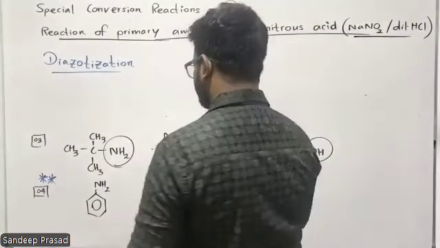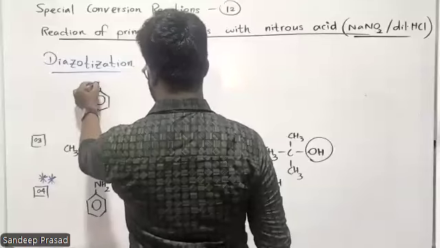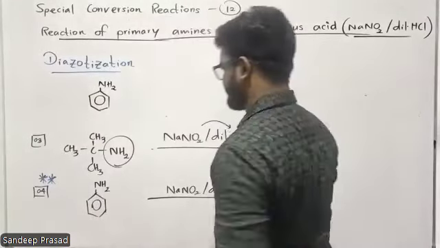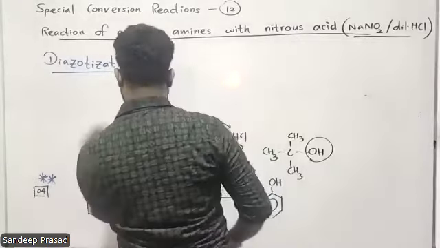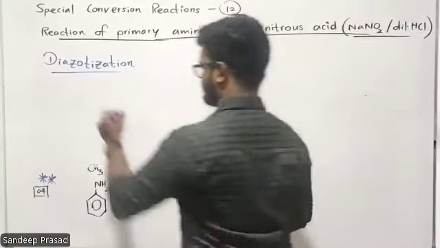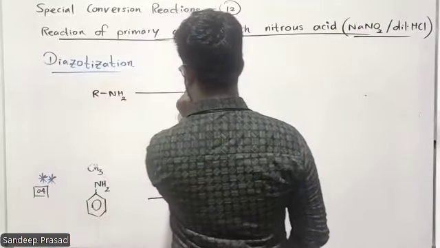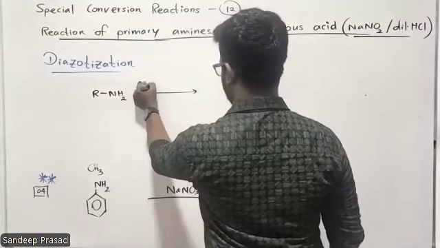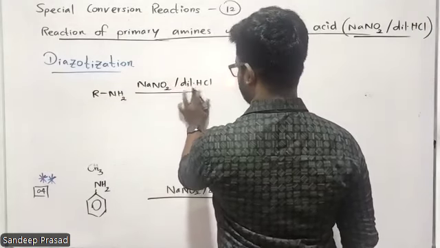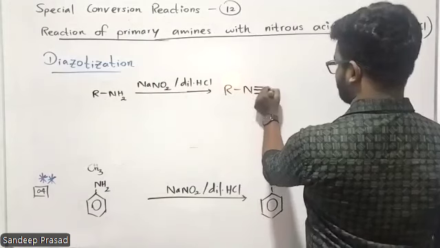Actually, this aniline, a primary amine, is converted, and not only primary aromatic amines. Let's start from an alkylamine like this, RNH2. When we add sodium nitrite and diluted HCl, what will happen first? Remember, students, this is converted into diazonium salts.